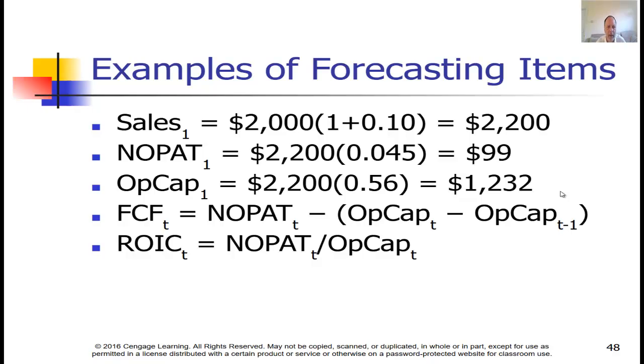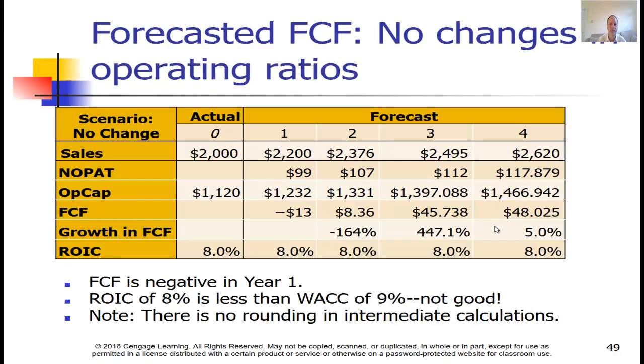We know that free cash flow is net operating profit minus the change in operating capital, and ROIC is NOPAT over operating capital. So if we have no changes in operating ratios, we see sales go up again year after year like this.